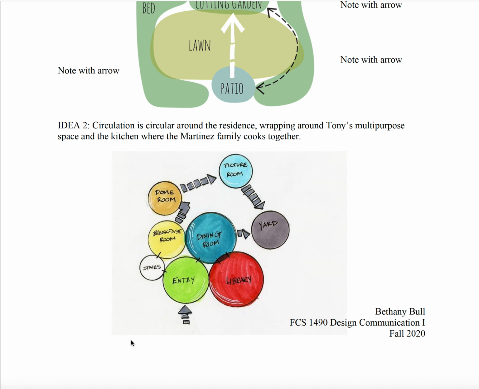And so how this supports the concept of unifying family and having spaces that support each other is that the multi-purpose space and the kitchen are centralized and all the other spaces wrap around them. So thinking about where it says dining room here, that would be the kitchen and Tony's space. But then all of the other rooms or spaces kind of hug that area, so that it's saying that this is the centralized hub in the space.